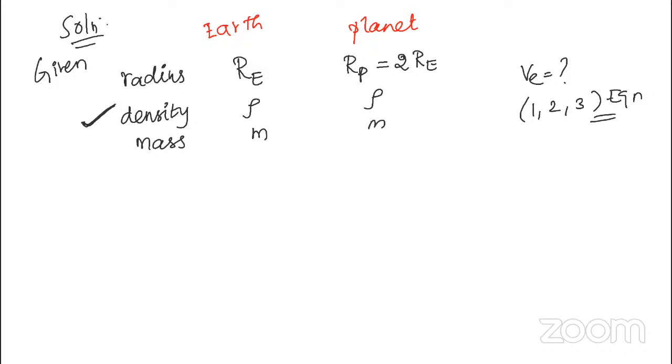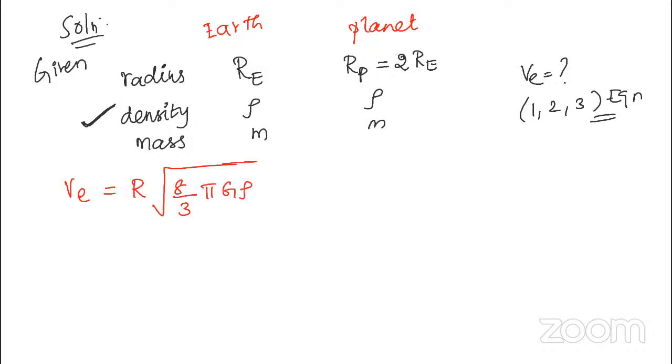Very good. So write down the third equation: VE is equal to R into square root of 8 by 3 into pi into G into rho.